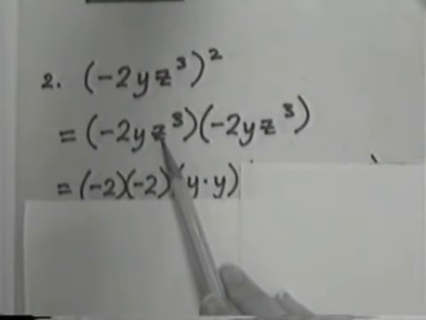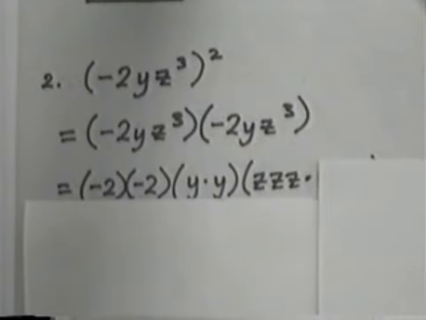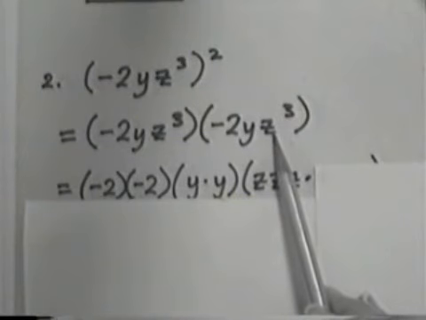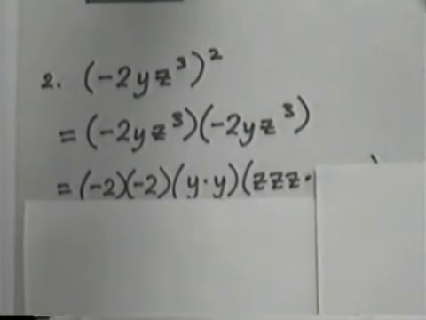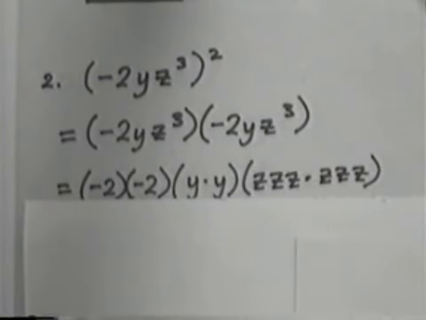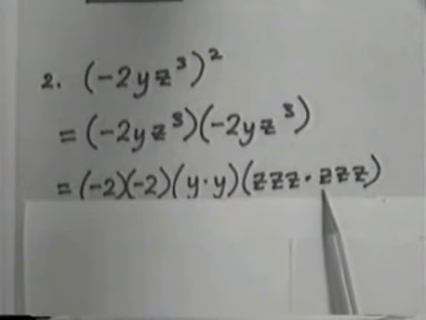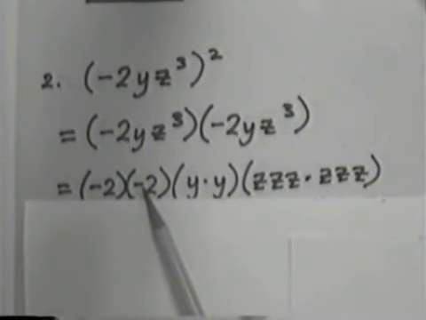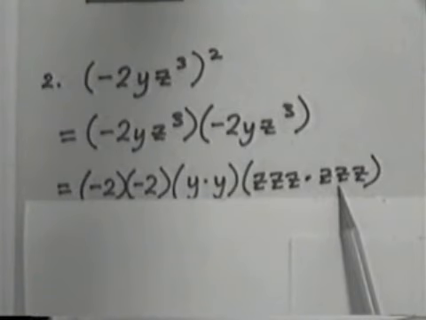Then we have the variable z with the exponent 3, which means a string of 3 z's from the first parentheses. And finally, from the last parentheses, another string of 3 z's. The simplifying is simply a matter of rearranging to group together the coefficients, the y factors, and the z factors.